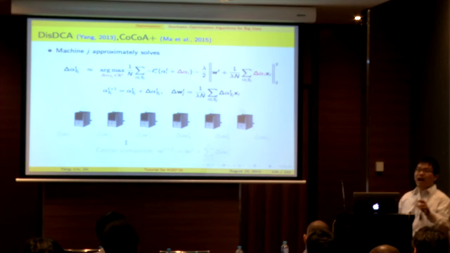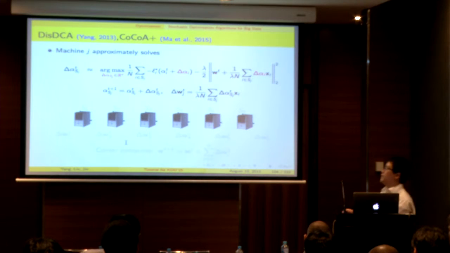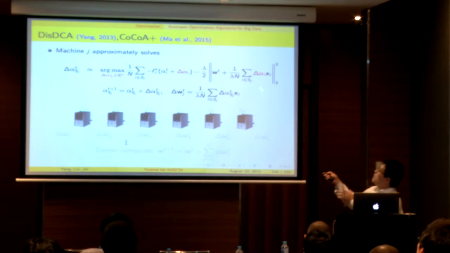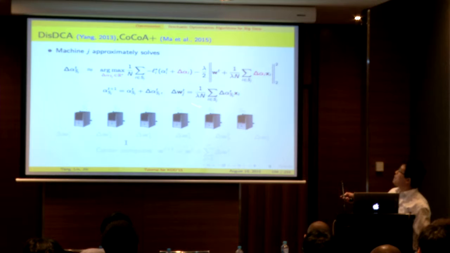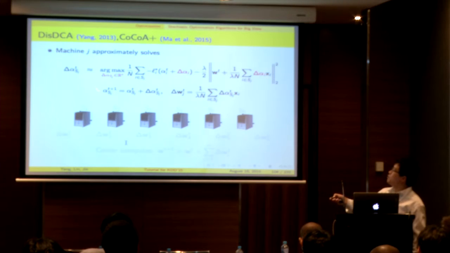I will talk later about how the accuracy of approximation affects the rounds of communication. Here, we update alpha according to the outputs from this local optimization solver. And we also need to update W, which is the difference in the primal solution. We update a change in the dual and primal.